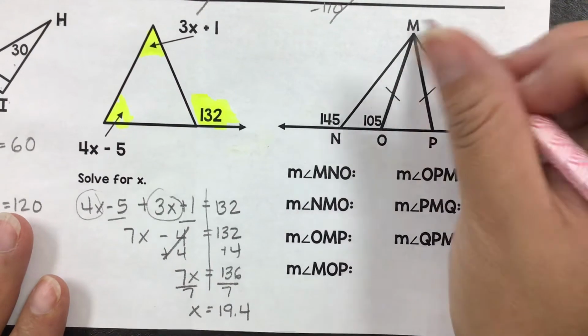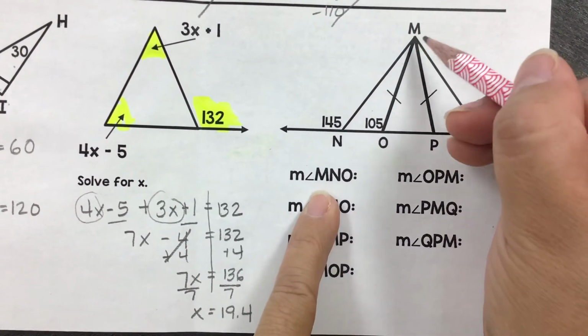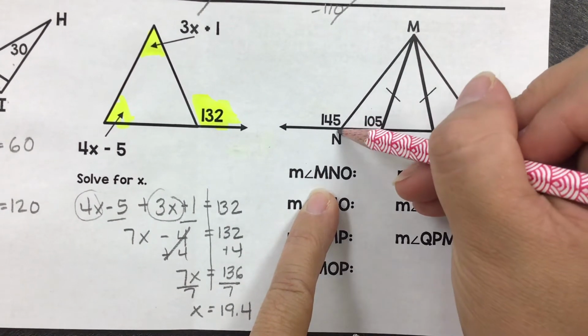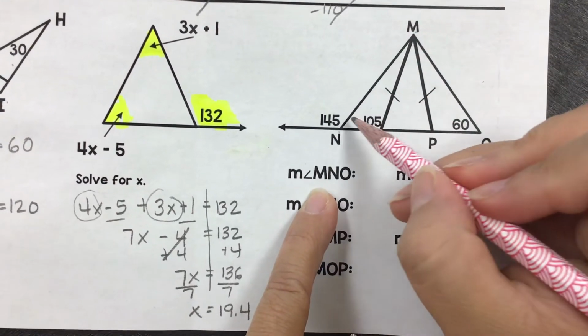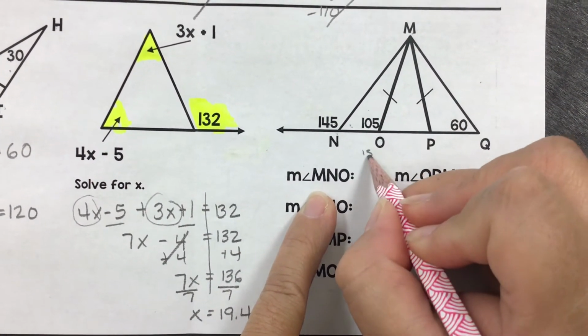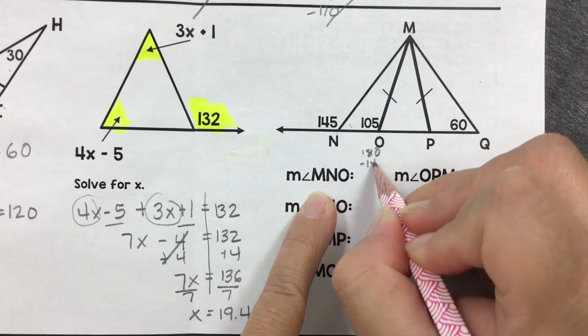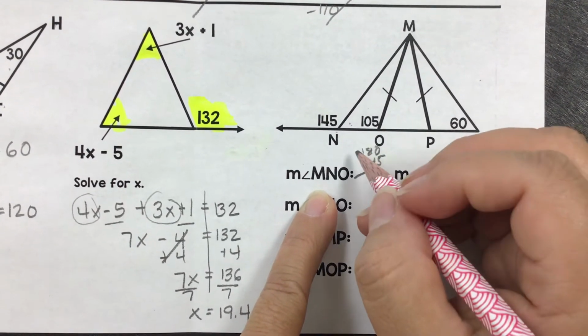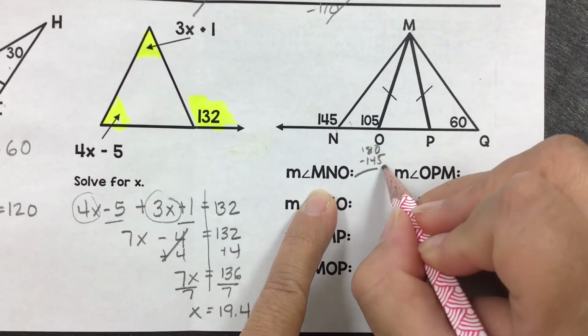All right, and then for pictures like this, M, N, O. This is a linear pair, so we know that we're going to take 180 and subtract 145, and that's going to be equal to 35 degrees.